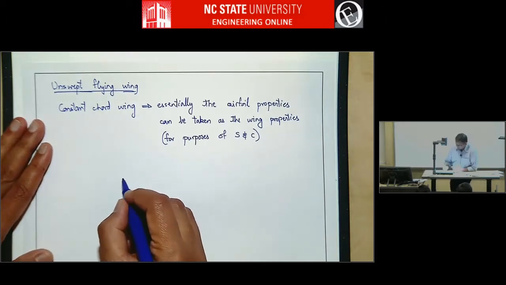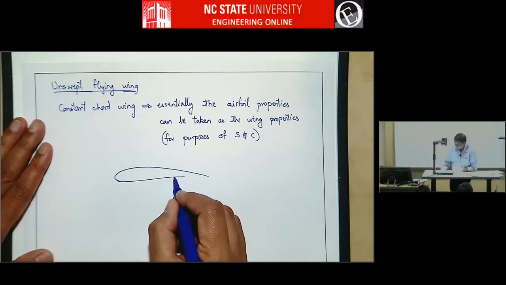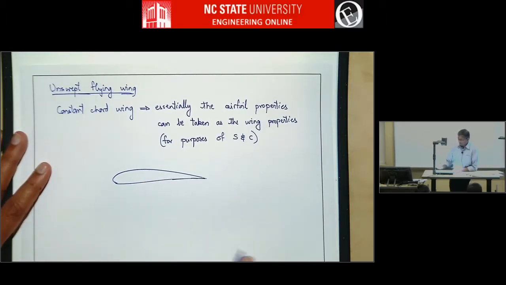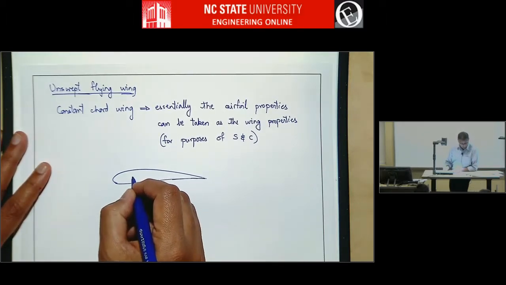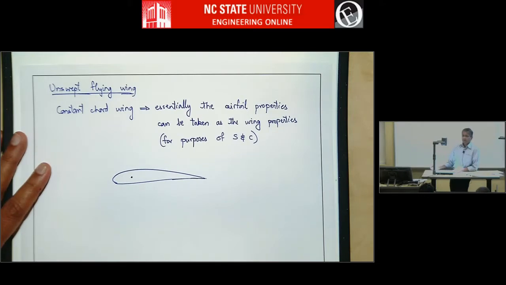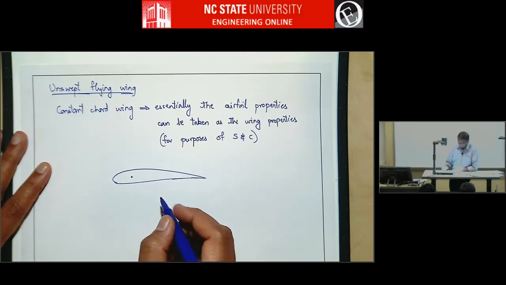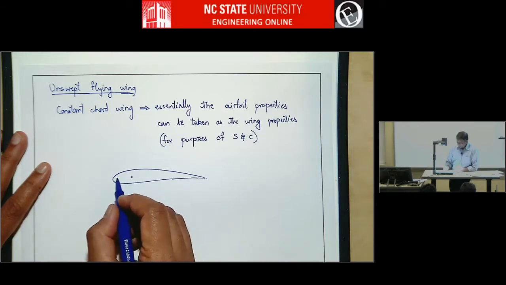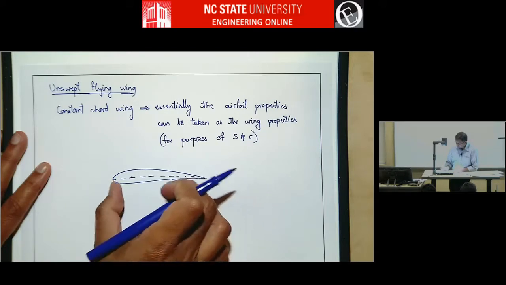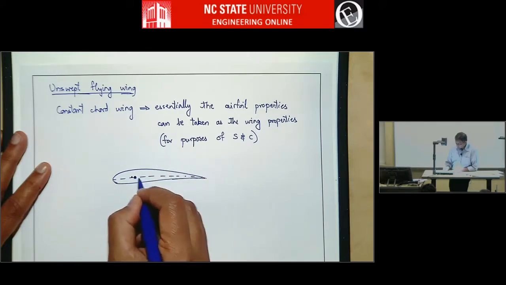So I'm drawing a generic airfoil. Let's say this is the airfoil for a flying wing. Very soon we'll come to see what special things we have to do to make this work. But for now, I'm just drawing a generic airfoil. Okay, let me draw the chord line. And somewhere here is the quarter chord.